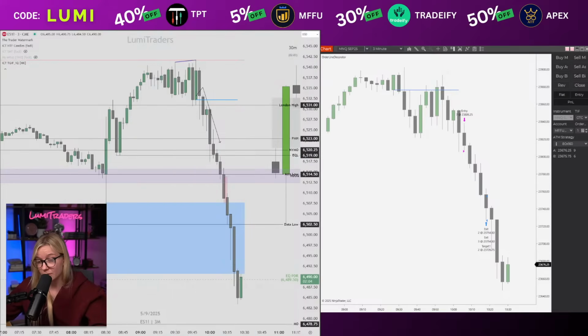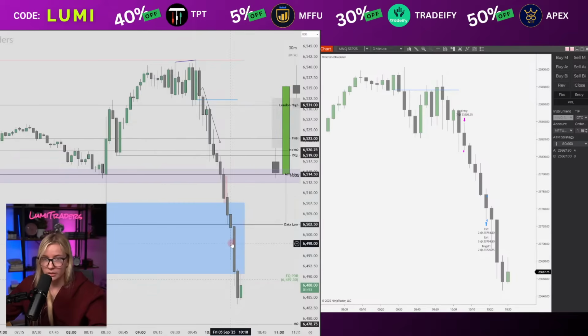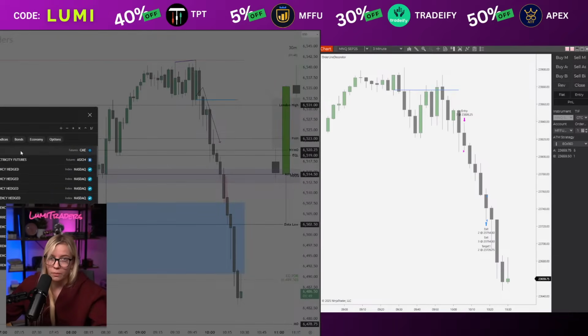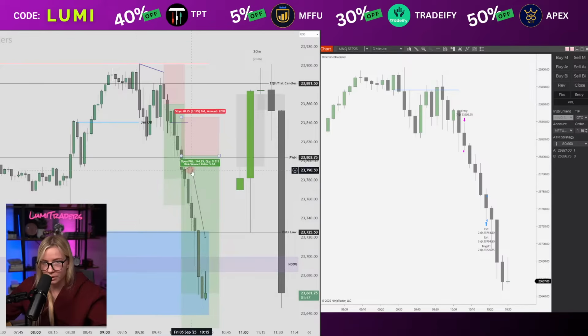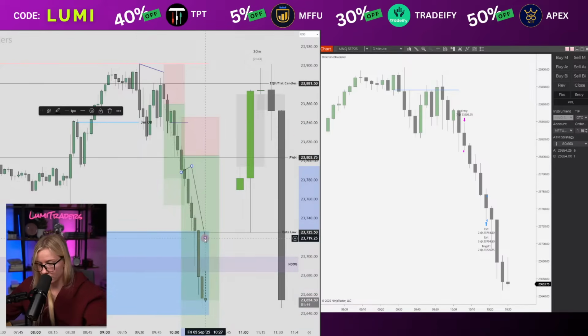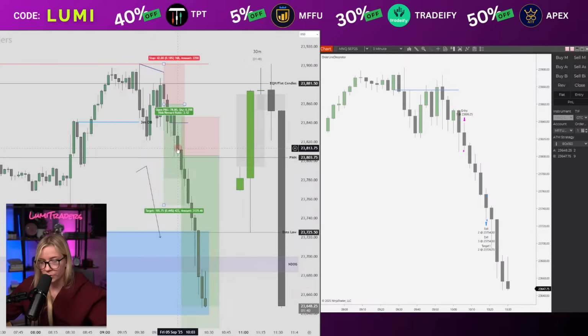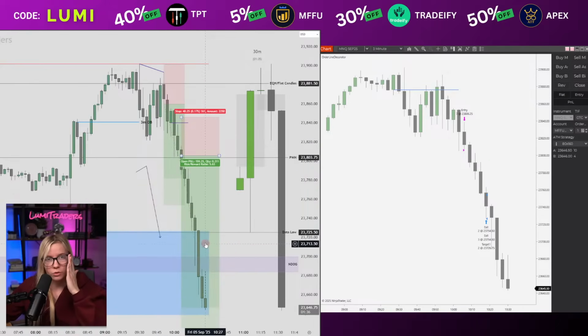Probably it was necessary to create this SMT, and another chance to enter the trade was probably this order block, but of course I missed this. And on this way down, I didn't see any other entry anymore. It's okay. I'm not going to complain about this. But what I saw on ES, and we discussed this before 9 a.m., once we broke this level, it's a short opportunity.